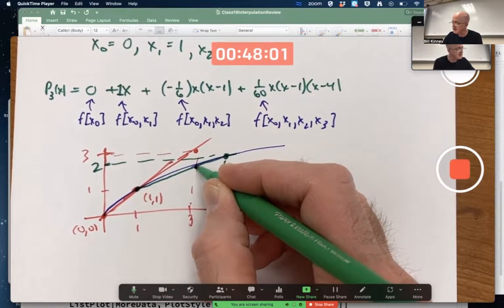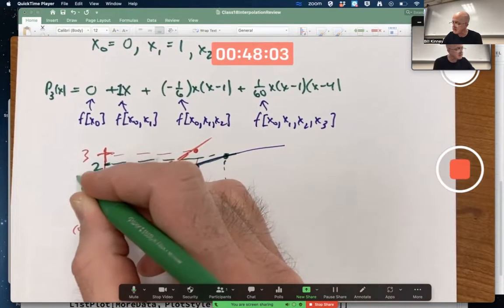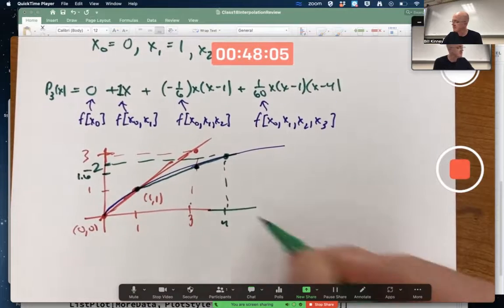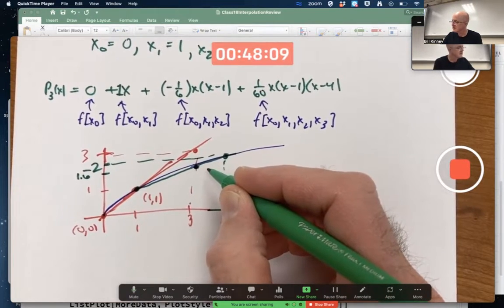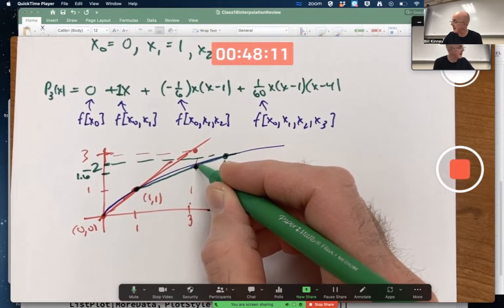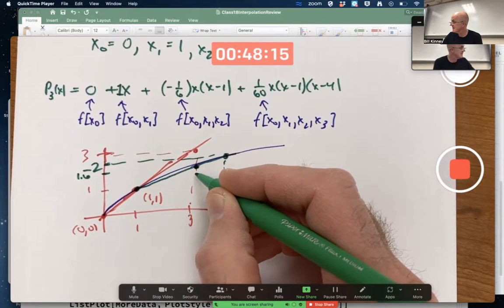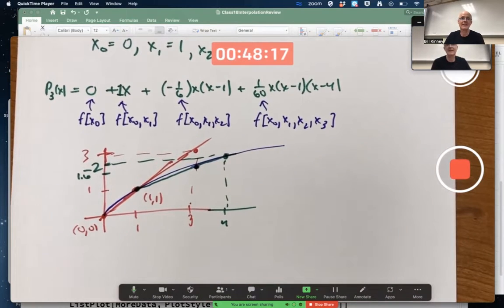The second coordinate of this point right here should be 1.6 repeating, on this green line here. The true square root of 3 is a bit higher, 1.7, I believe.